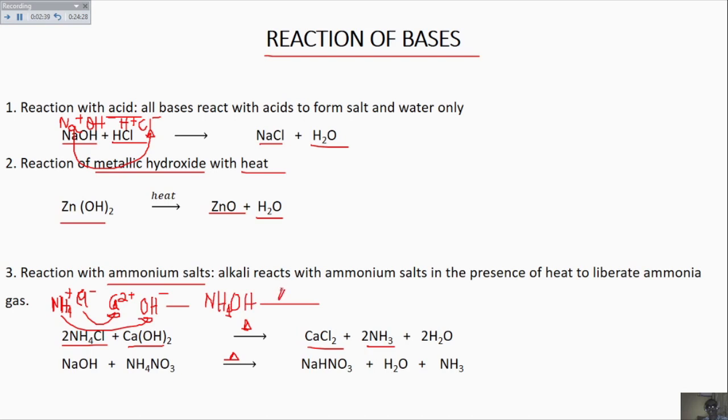By the time you heat this ammonium hydroxide, it will give what we call NH3, this ammonia gas, plus H2O.